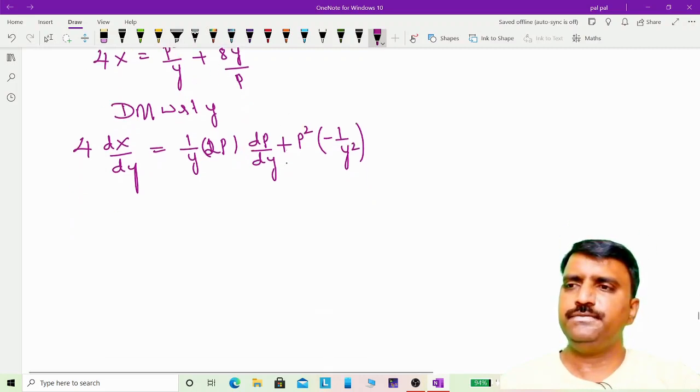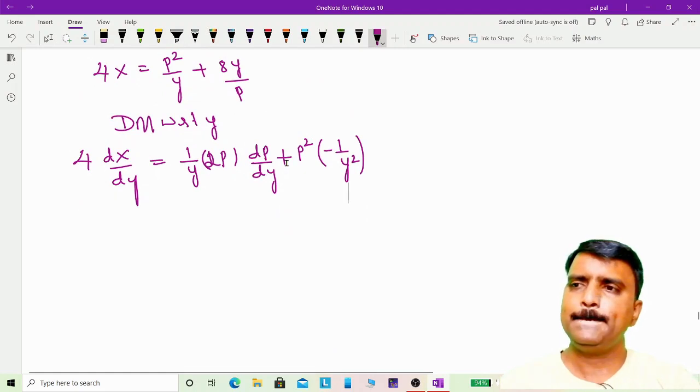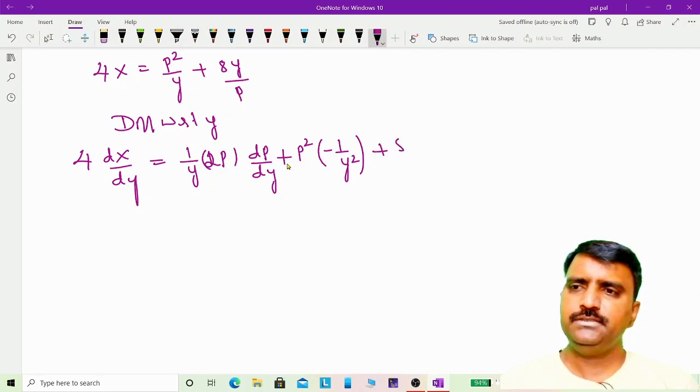Similarly, we have to differentiate 8y by p. Plus 8 by p into differentiation of y is 1, plus 8y you keep as it is, differentiation of 1 by p is minus 1 by p square.